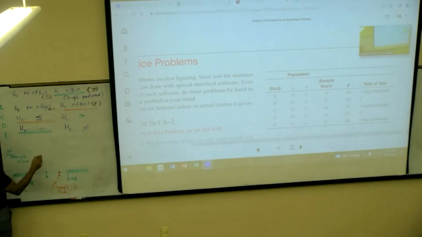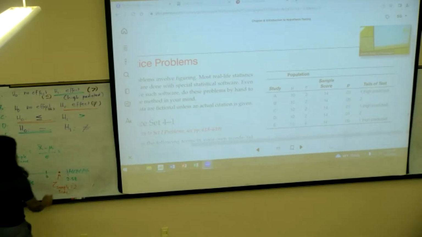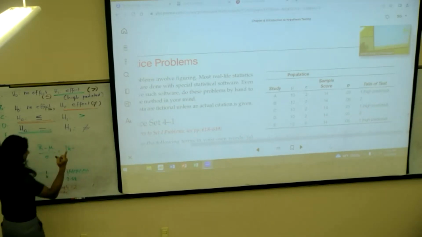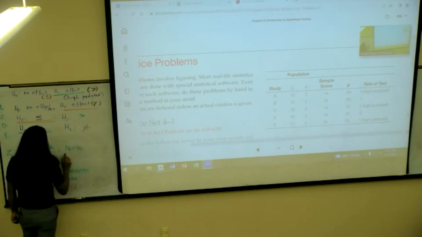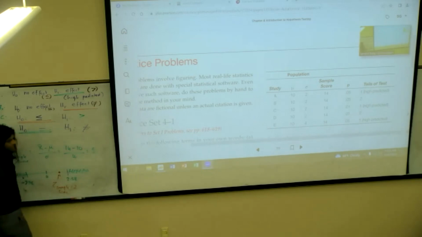The formula for that again is X bar minus mu divided by sigma. X bar is still 14, mean still 10. However, sigma is 4, which will give me 1. Yes, I do have to change this picture.